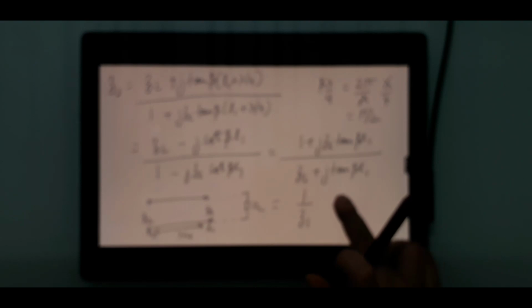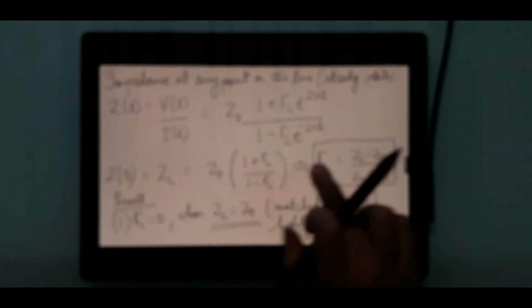So let us quickly summarize what we have done today. Today we continued the discussion from the solution of voltage and current on the line. We discussed the definition of characteristic impedance, which is nothing but the impedance seen by the forward going wave until the time it has not reached the end or the load.